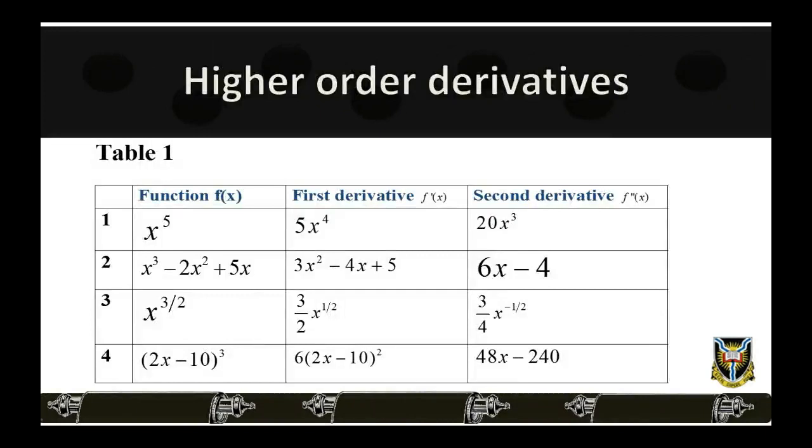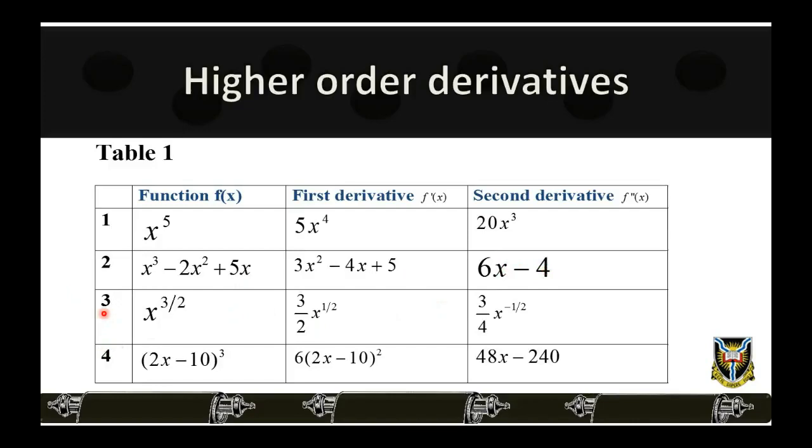The first derivative will be 5x to power 4, and the second derivative will be 20x to power 3. Number 2, the function x to power 3 minus 2x squared plus 5x. The first derivative will give us 3x squared minus 4x plus 5. The second derivative will give us 6x minus 4.